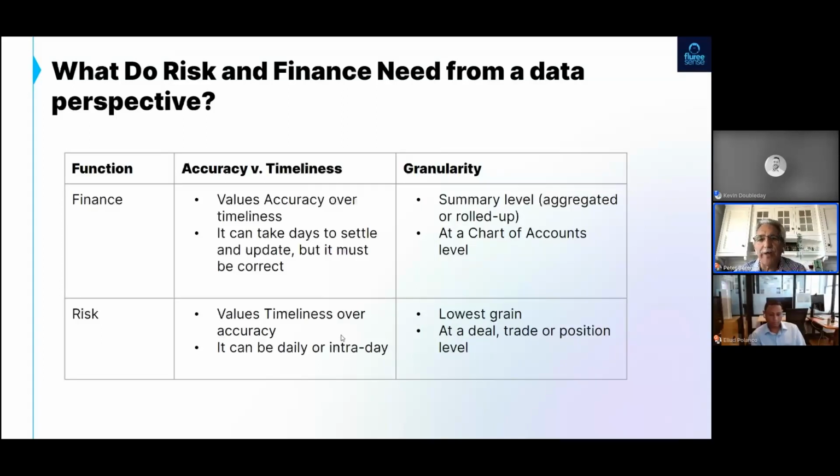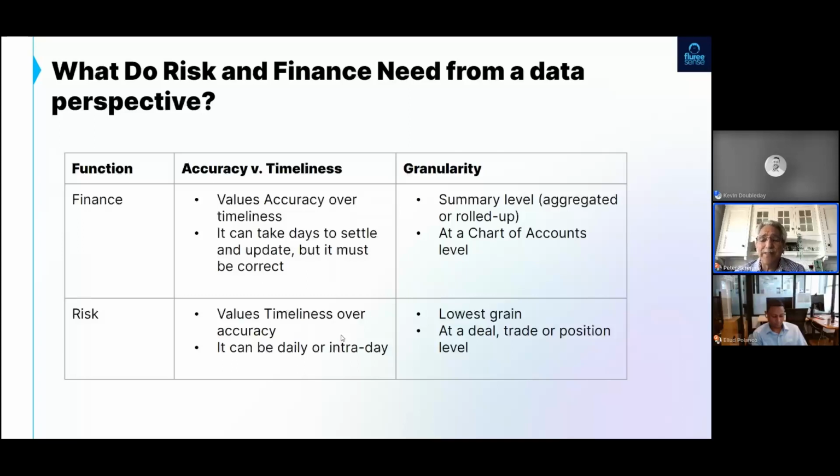And then risk is almost diametrically opposite. Risk tends to worry about timeliness more than accuracy. Again, I'm generalizing. There are other areas of risk that spend a lot of time calculating and re-examining, similar to finance. But in general terms, they're about knowing the risk quickly and within a certain percentage of accuracy. Some of that will be daily, some even intraday.